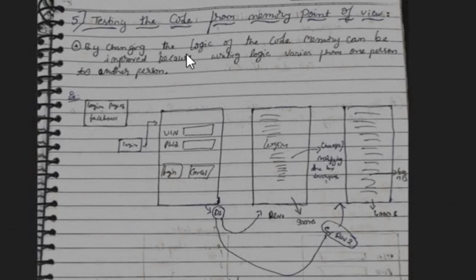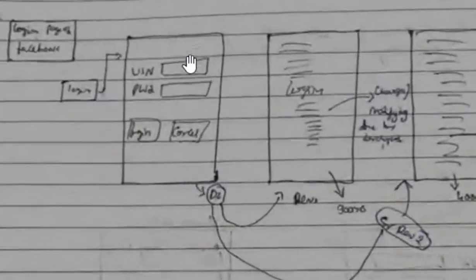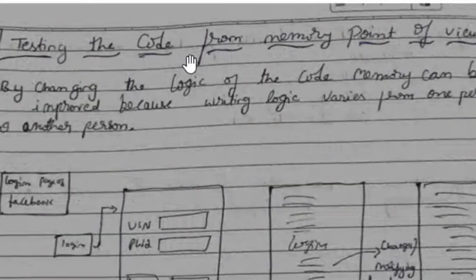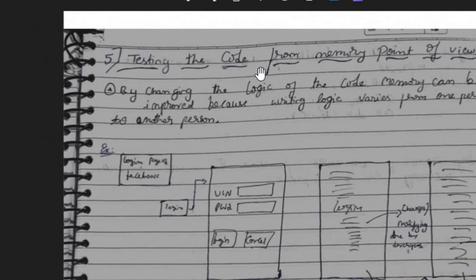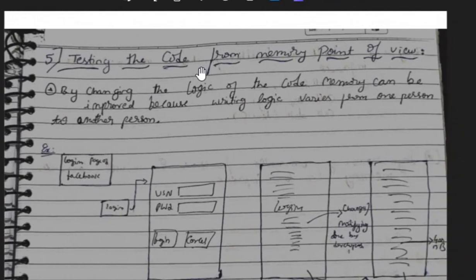By changing the logic of the code, memory can be improved, because writing logic varies from one person to another person. If I wrote logic for addition, it is different compared to another person, who will use another technique to write the same addition. So if you write the program in an easy way, memory can be improved.